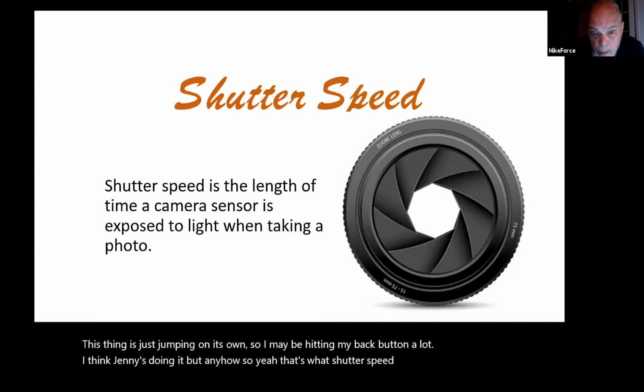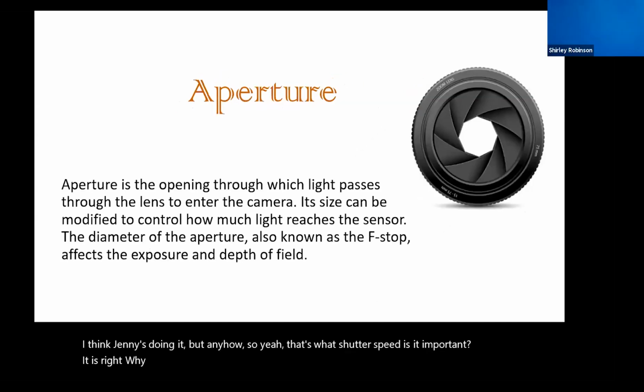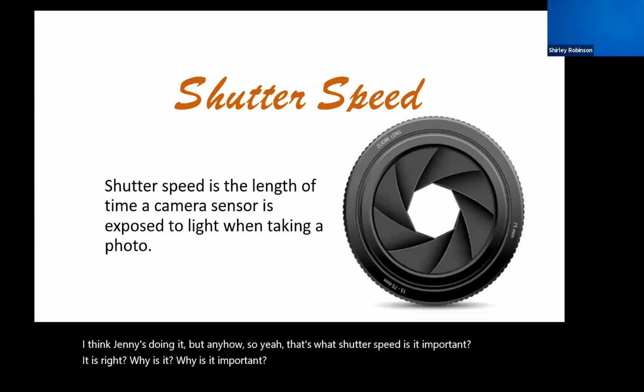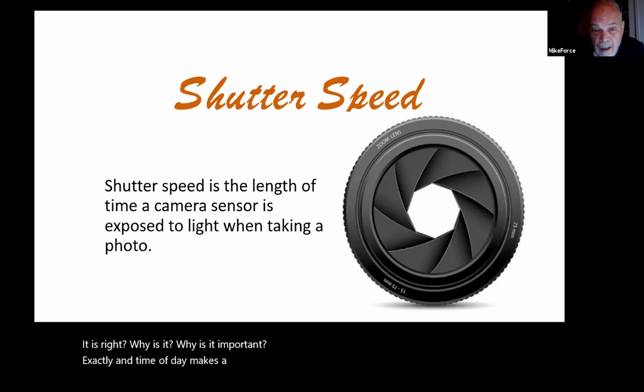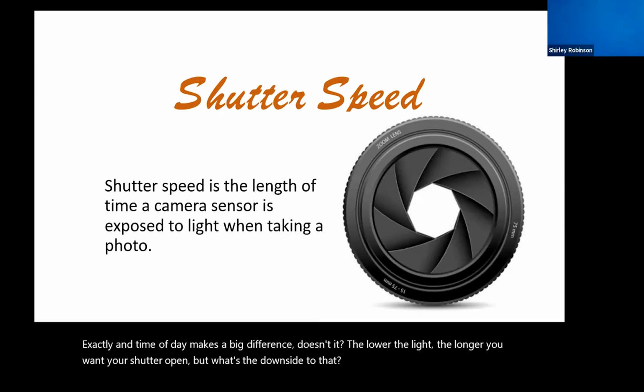Is it important? Well, yeah, it is, right? Why is it important? Depending on the lighting you need for the subject. Exactly. Time of day makes a big difference, doesn't it? The lower the light, the longer you want your shutter open. But what's the downside to that? The pixelization.